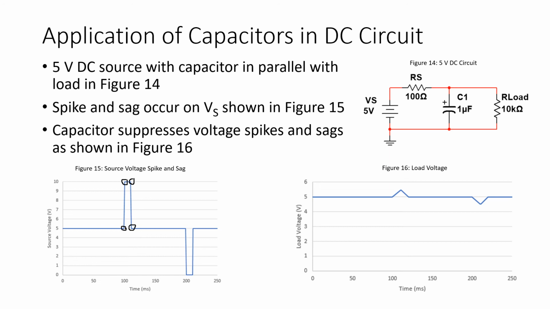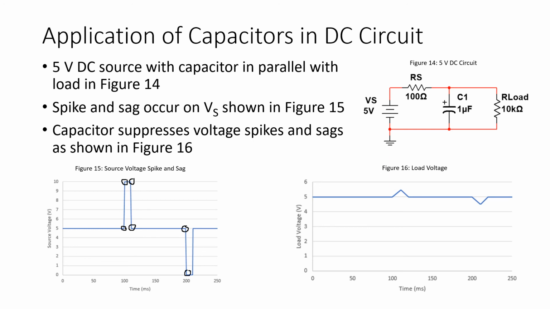Now, likewise, we can see sags or dips in the supply voltage. This could be caused by the supply or the service into our home or business dropping down momentarily, or other electromagnetic sources of energy. So we see here that the source voltage goes from 5 volts down to 0 volts.